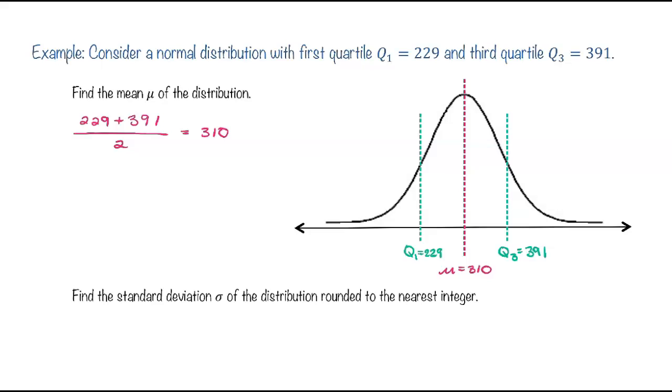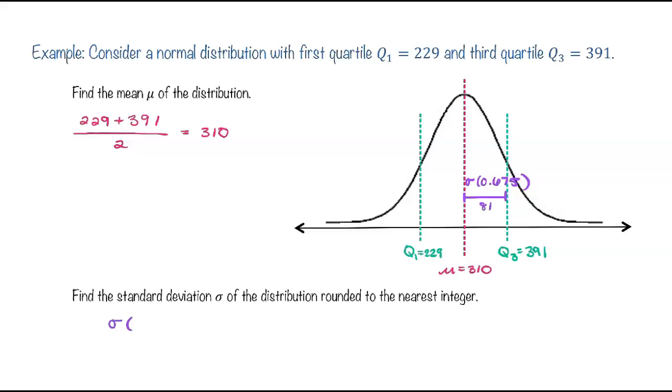We know that the distance from the mean to the first or third quartiles can be approximated by the standard deviation multiplied by 0.675. So if we know the distance between the mean and either the first or third quartile, we can use that to approximate the standard deviation. This distance from the mean to the third quartile is 391 minus 310, or 81.